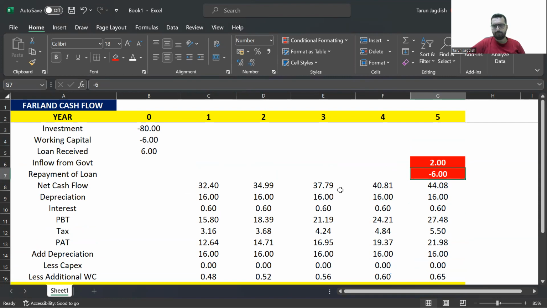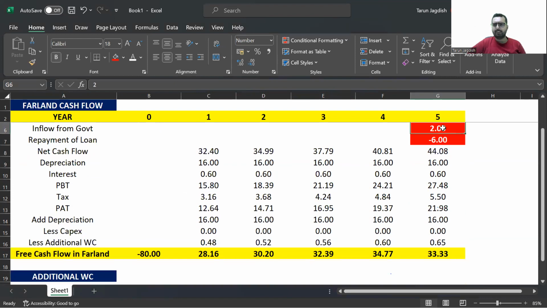That's an outflow. And you receive 2 from the government of Farland. That will be my inflow. So I consider these 2 things also. Apart from our basic calculation, we have to consider these two cash inflow and outflow as well. Because the repayment of loan is new and the money received is also new. Okay. Got it, sir. Thank you.